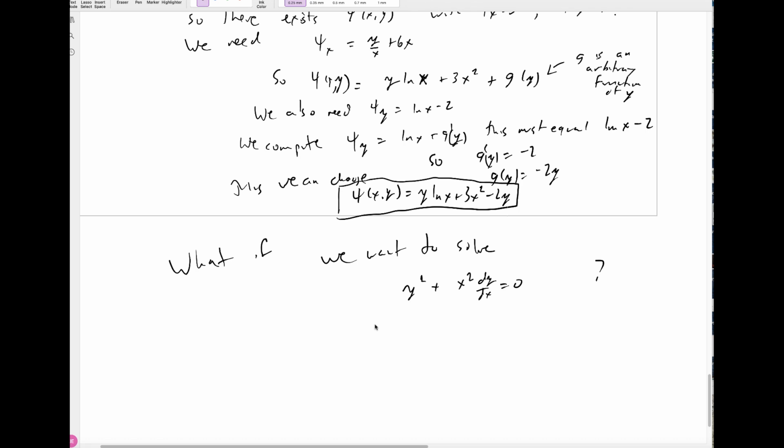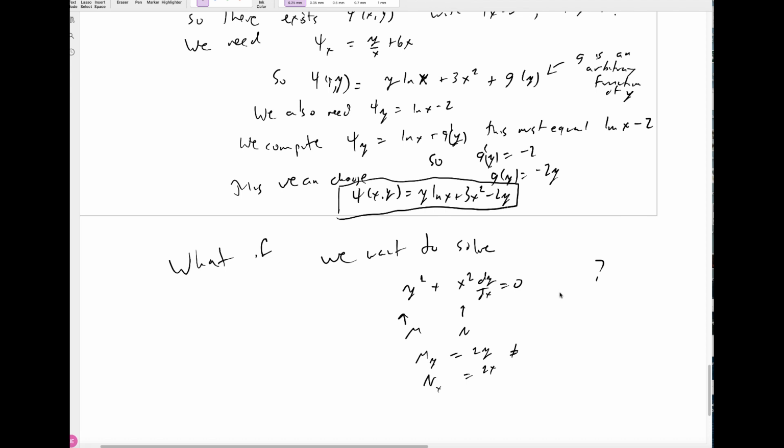Is this exact? Well, this is our M, this is our N, and M sub y is equal to 2y, and N sub x is 2x, and these are not equal. At least they're not equal unless x is equal to y, but we would need them to be equal on some entire rectangular domain in order to have any of this work, to get a solution function that's valid.